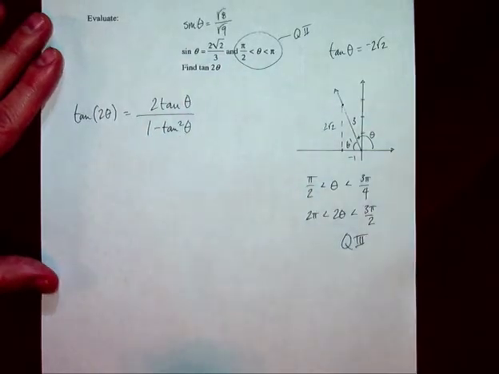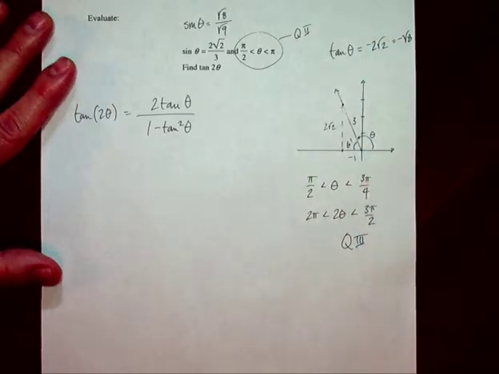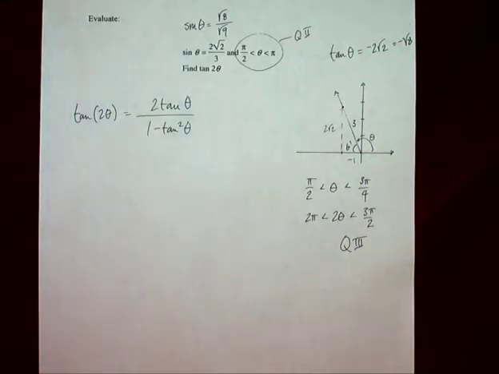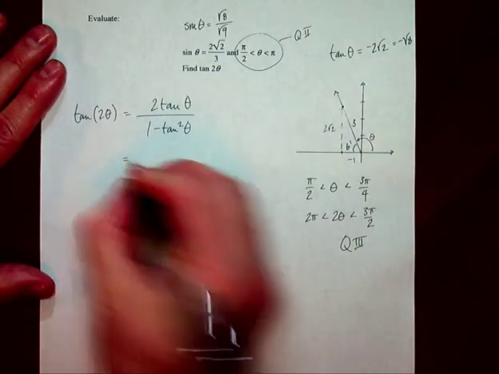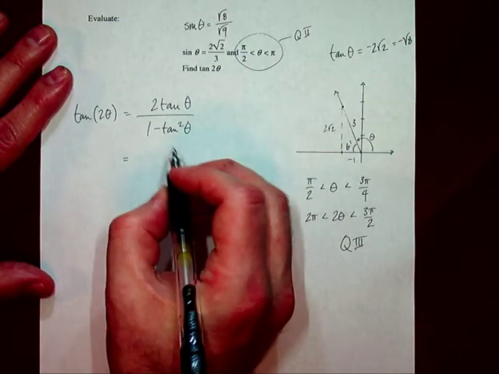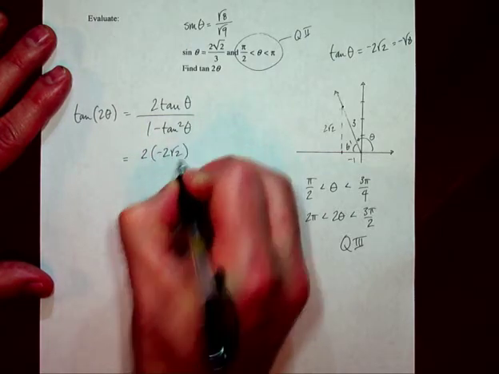If you want to call that -√8, since you're going to be squaring it anyway, then by all means, go ahead, or at least know that it's both of those. So 2 tangent of theta is 2 times -2 root 2.